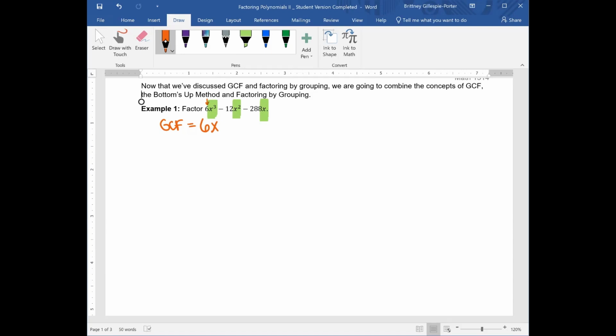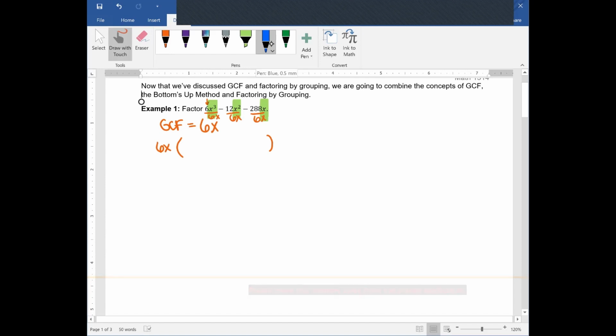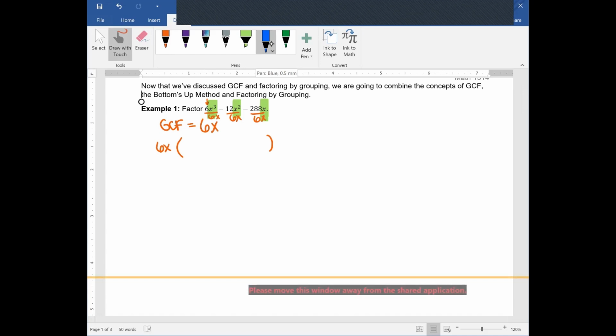We're going to take each of our original terms, and we're going to divide by our GCF of 6x because we need to factor it out. And if we're factoring out a GCF, we put our GCF out front and open a set of parentheses. 6 divided by 6 gets us 1. X cubed over x, 3 minus 1 gets us an x squared.